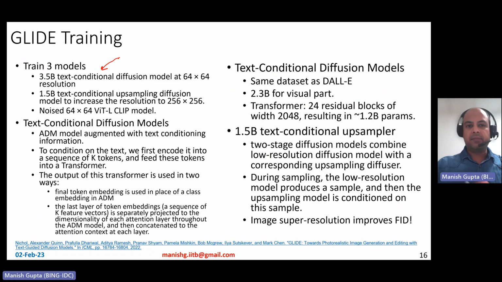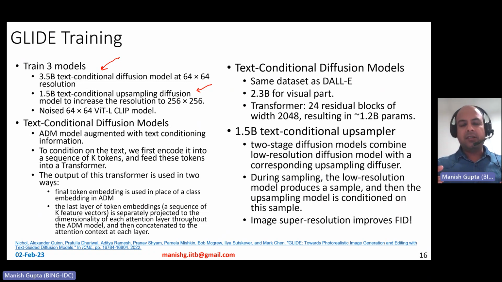So you pass some caption, and it will give you a 64 by 64 image. We'll talk about details, okay? Second, GLIDE also has a 1.5 billion parameter text conditional upsampling diffusion model to increase the resolution from 64 by 64 to 256 by 256. So you need text conditional upsampling also.